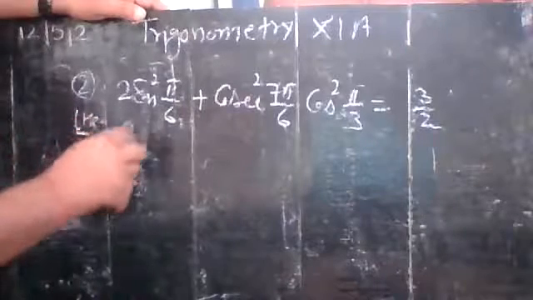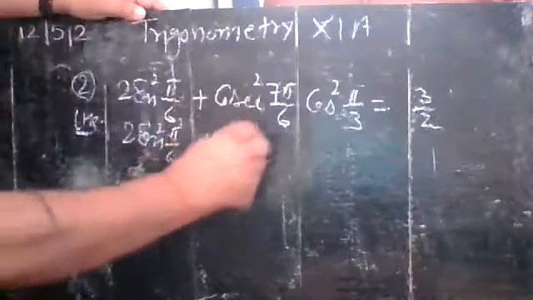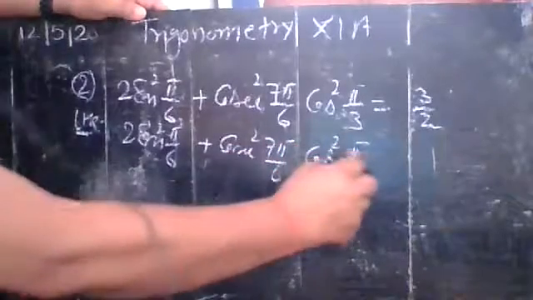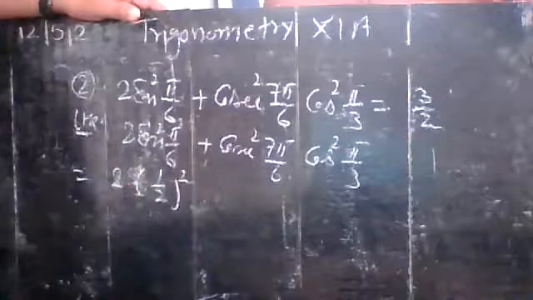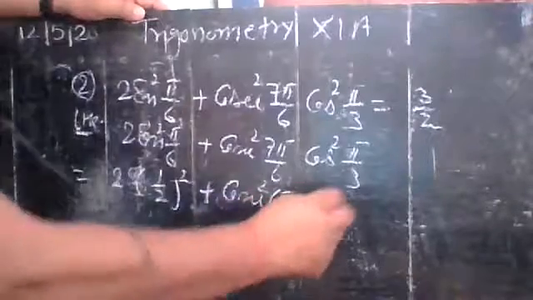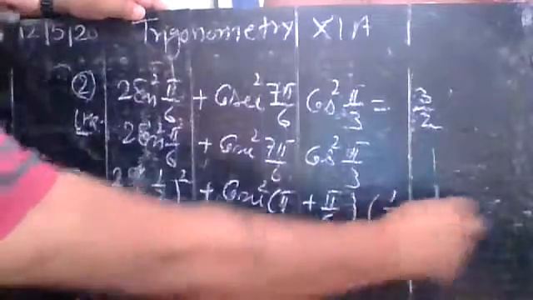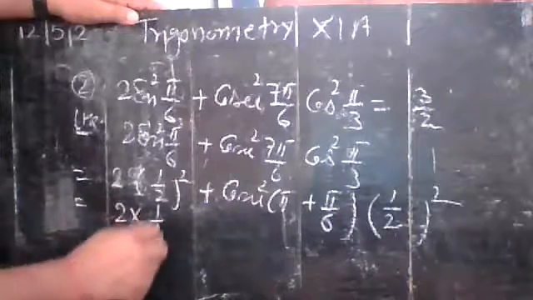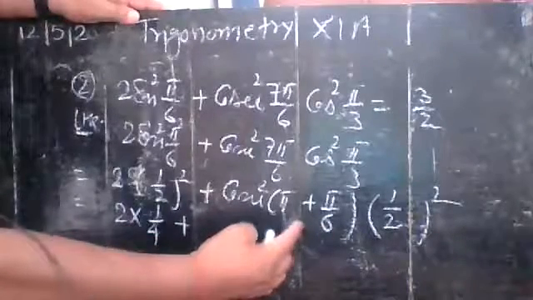Taking the left side, 2 sin square pi by 6 plus cosec square 7 pi by 6 cos square pi by 3. So 2 into 1 by 2 whole square plus cosec square pi plus pi by 6, and cos pi by 3 is 1 by 2, so square of 1 by 2. You can write it in this way: 2 into 1 by 4 plus cosec pi plus x, which lies in the third quadrant.